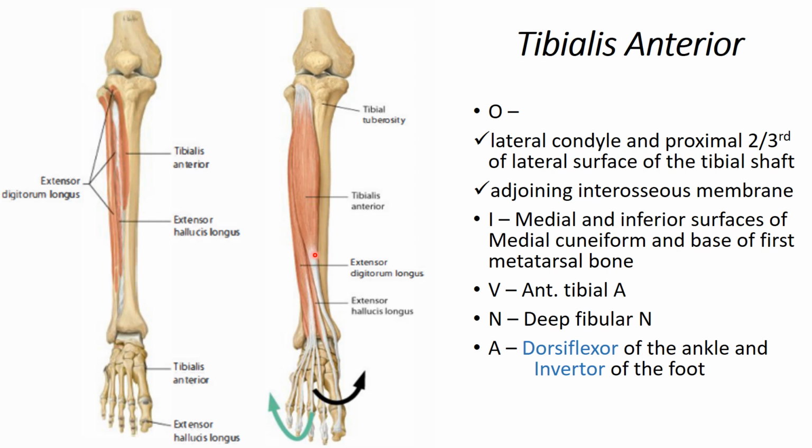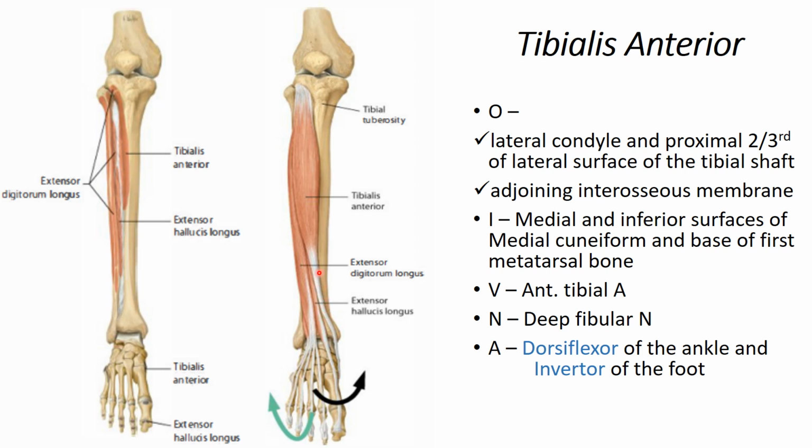From here the fleshy fibers arise, and in the lower one third of the leg these fleshy fibers transform entirely into a tendon, which descends through the extensor retinaculum. From the superior and inferior extensor retinaculum it descends and is attached to the medial and inferior surface of the medial cuneiform and the base of the first metatarsal bone.